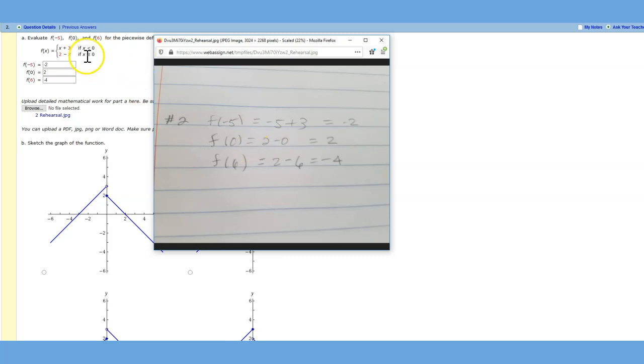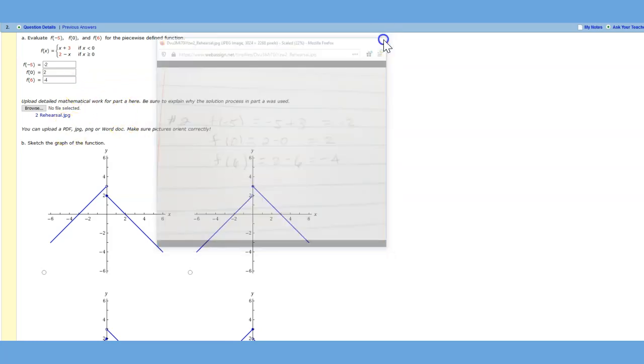If the input is 0, I'm using this function. And if the input is 6, I'm also using the function 2 minus x. So that's considered justification. You don't have to write a whole bunch of written paragraphs or anything justifying it in that regard. But I do want to see work showing that you're applying concepts we learned in this class to these problems.